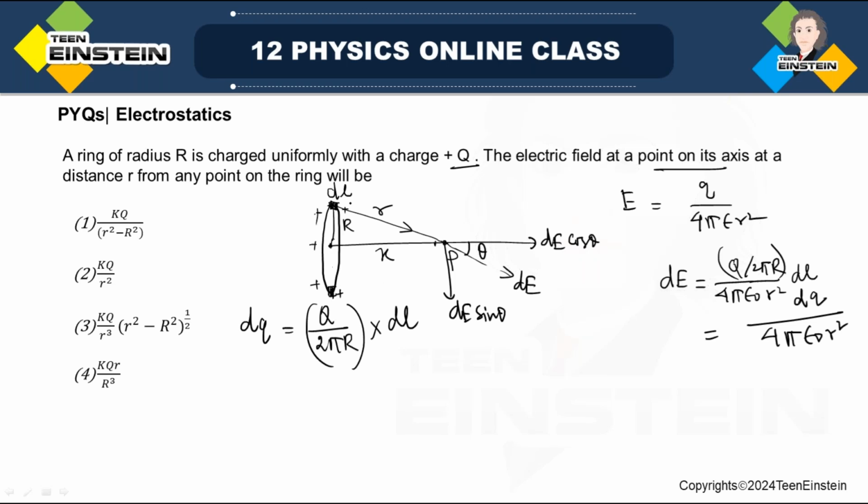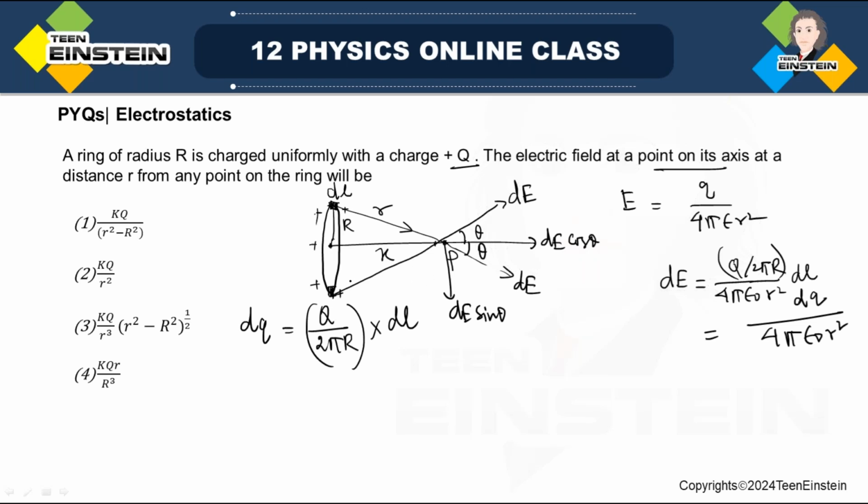Now if I take the diametrically opposite segment at this particular position, this will act in this direction, and it also will have the same magnitude of the electric field. And this angle also will be theta, at equal angle.